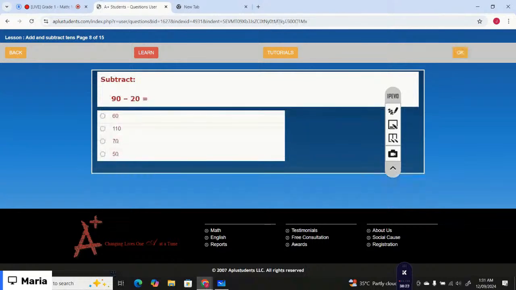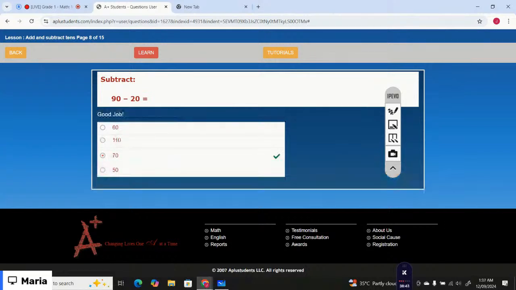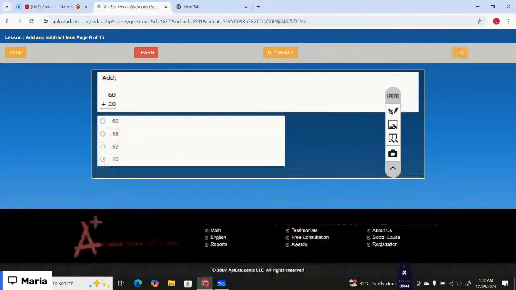90 minus 20, which is the correct option? Option number 3 is the correct option, right? Add 60 plus 20. So which is the correct option?